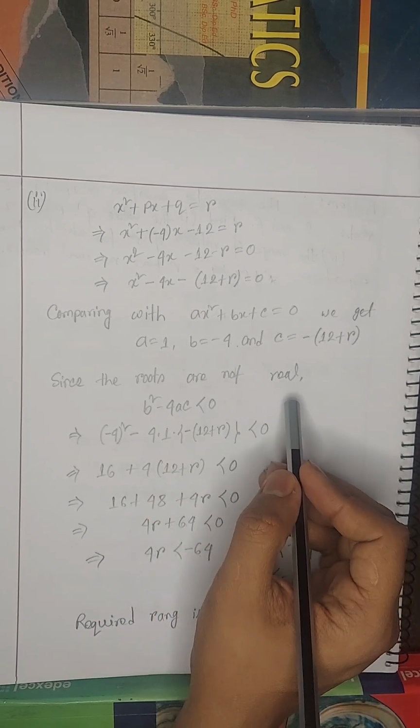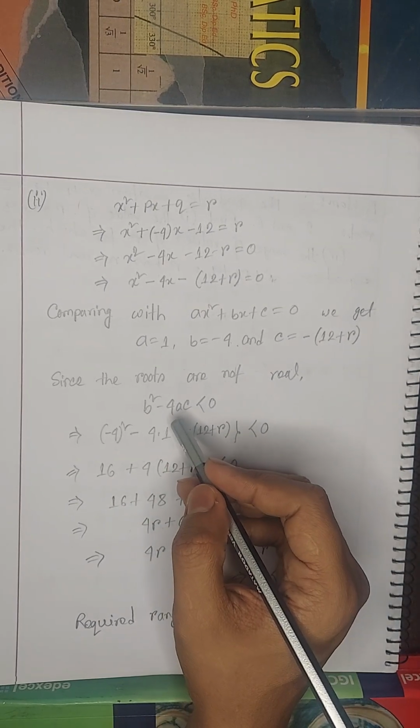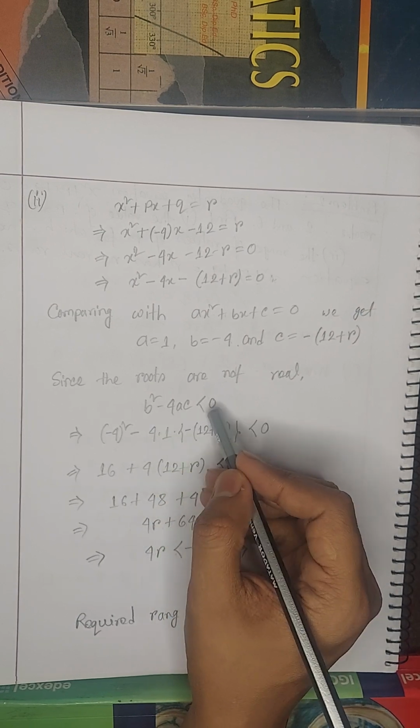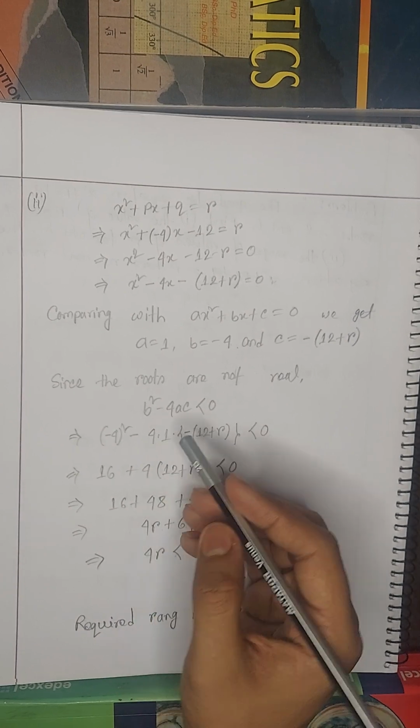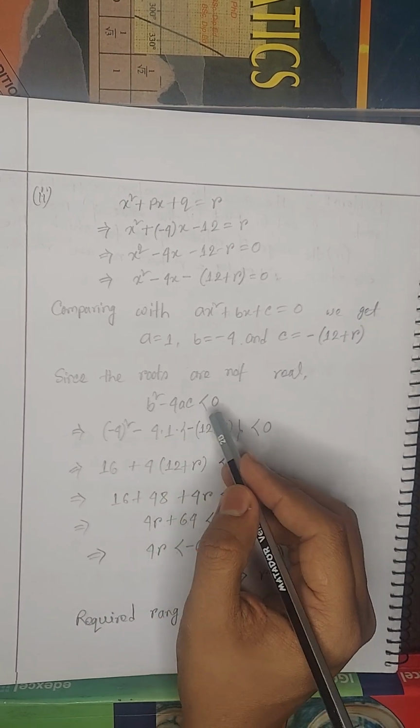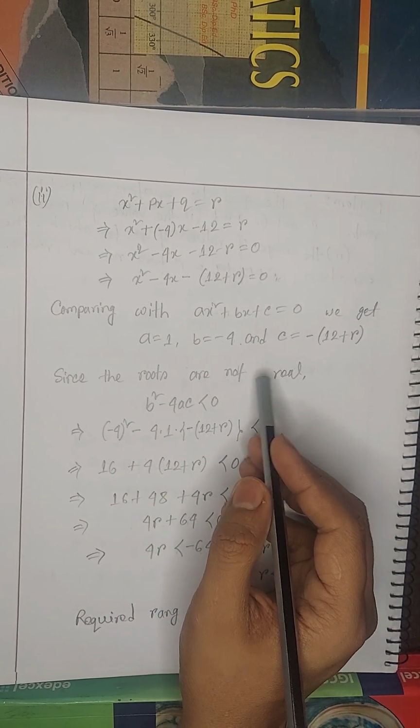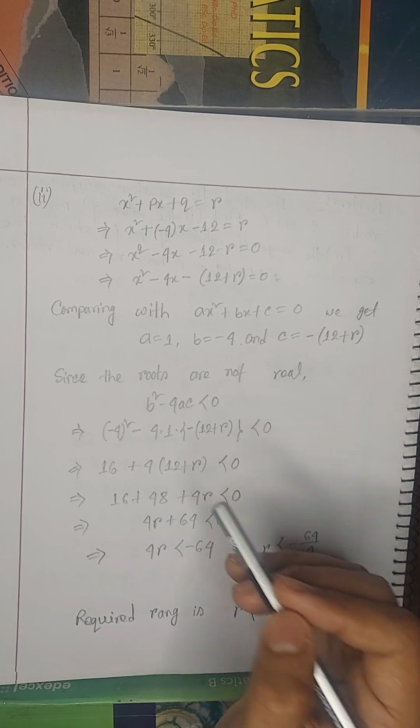Since the roots are not real, the determinant b square minus 4ac is less than 0, because we know that if the determinant is less than 0, then the roots of a quadratic equation are not real.